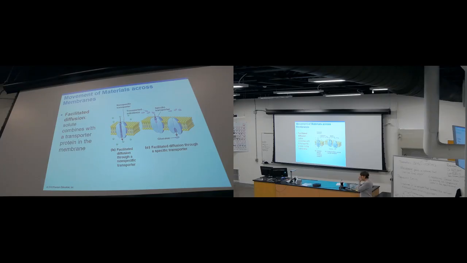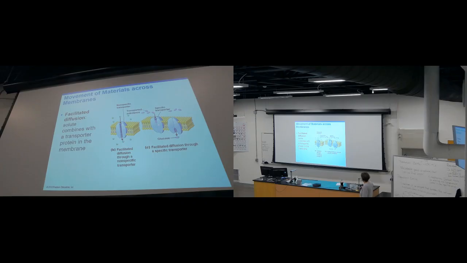Now, in the case of a specific transport, you have a gap, or a space, within these channels that allows the insertion or the physical contact of a molecule that fits specifically into that space. In this case it will be, for instance, glucose.